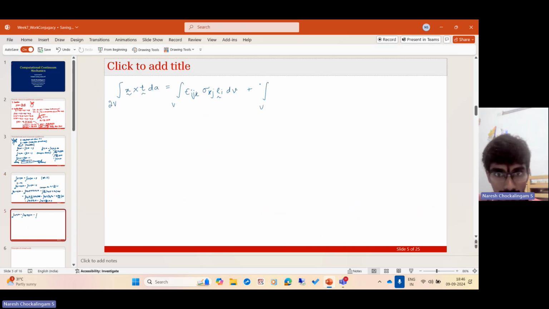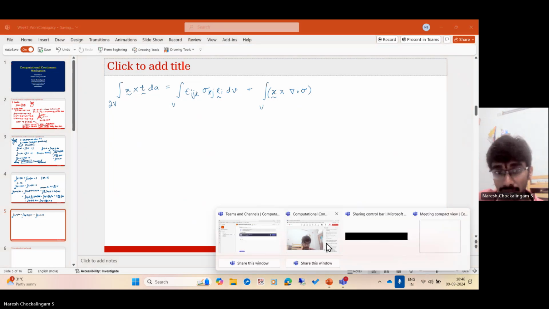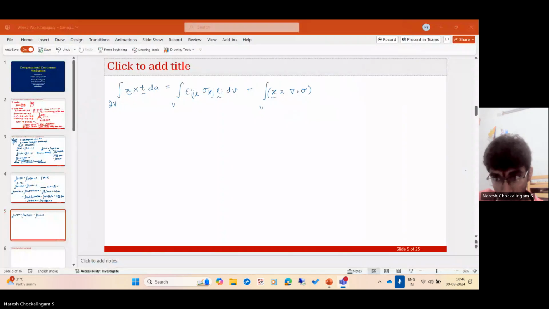So the second term can be concisely represented as x cross divergence of sigma, and you have a dV here.